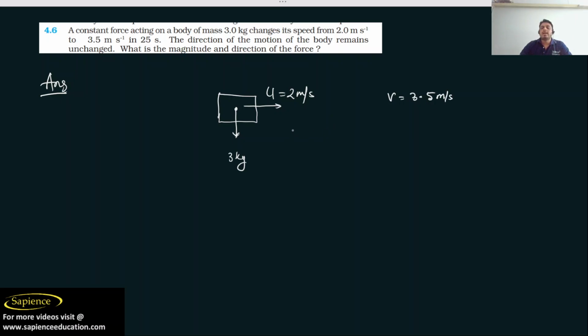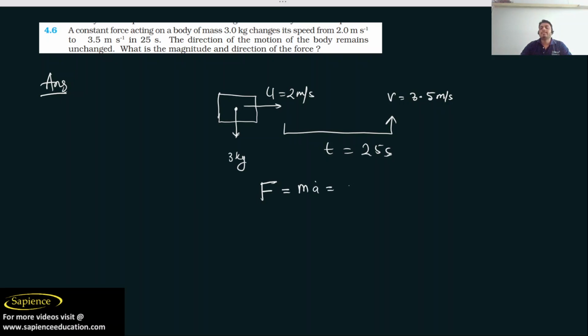Now, how much time is taken? The time will be equal to 25 seconds as per the question. Now the direction of the motion of the body remains unchanged. What is the magnitude and the direction of the force? If you want to find the magnitude of the force, force can be the rate of change of momentum, or force can be m into acceleration a.